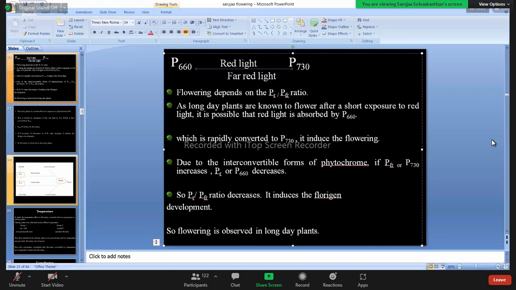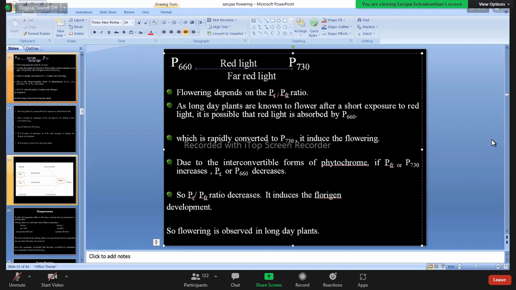So what is the vernalization mechanism? Scientists found that in cool-treated plants, a hormone, vernalin, is produced, which induces the production of florigen. When the seeds undergo the cooling treatment, they produce that hormone, vernalin, and it induces the production of florigen. We already know florigen is a hormone directly responsible for flowering.